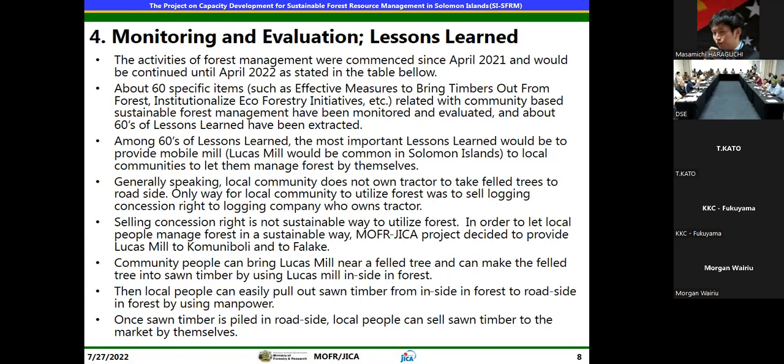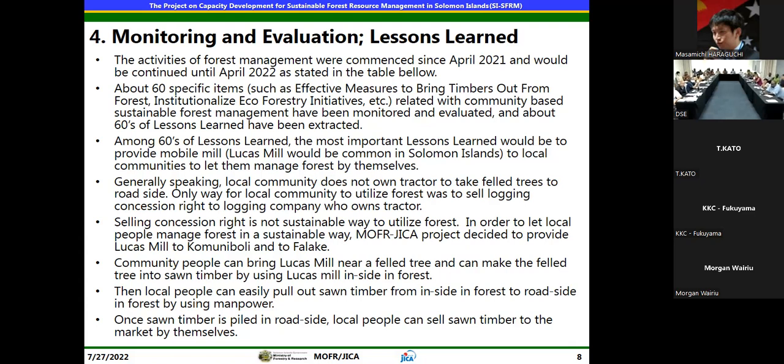Generally speaking, the local community does not own a tractor to take felled trees to roadside. The only way for local community to utilize forest was to sell logging concession right to a logging company who owns a tractor.